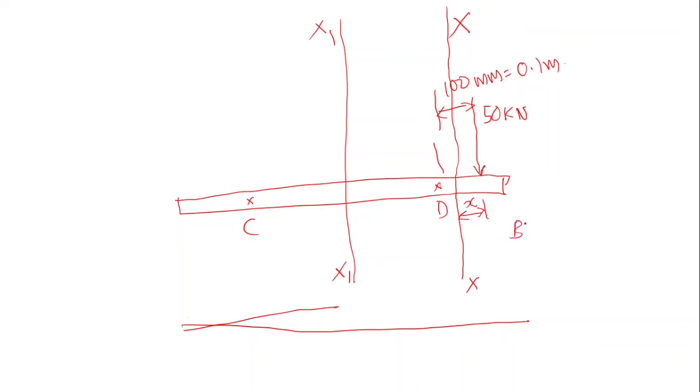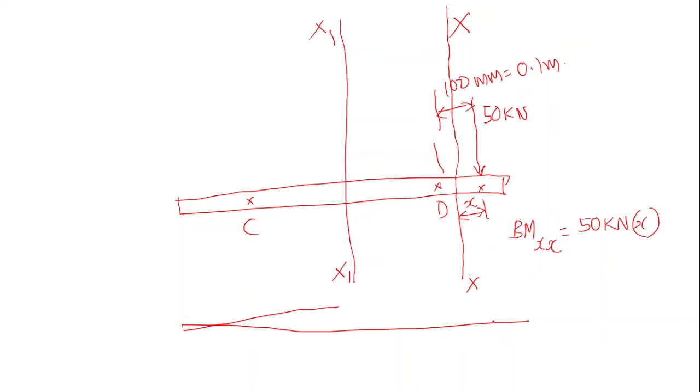Bending moment along xx is equal to 50 kilonewton into x, and x varying from this point. At this point x is equal to 0, and at this point x is equal to 0.1 meter.